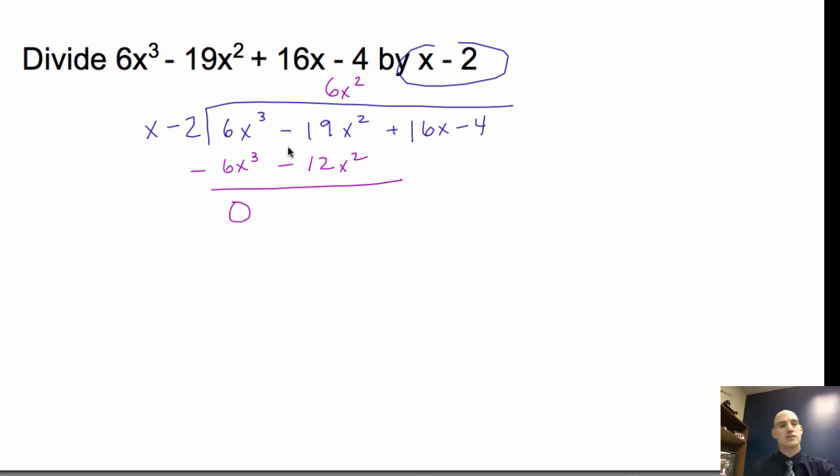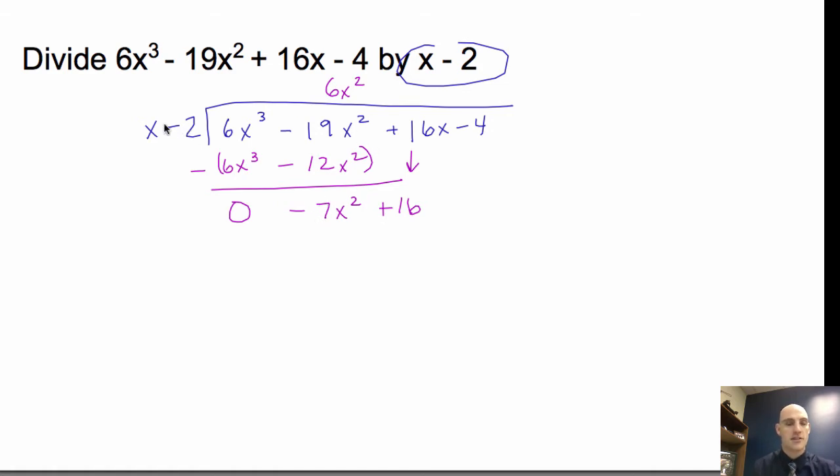So I have no more x cubed terms. I'm subtracting a minus 12x squared, so that'd be plus 12x squared. So this would be minus 7x squared. And then I'm going to bring down my 16x.